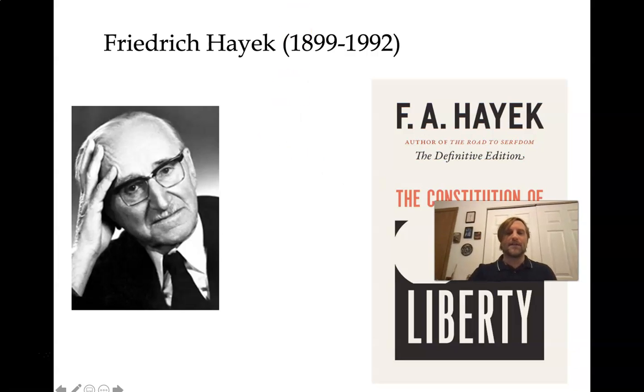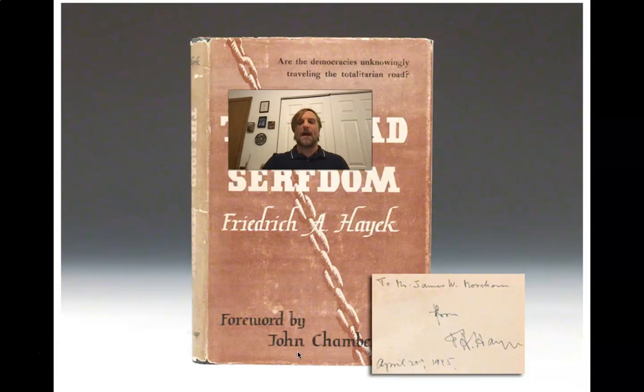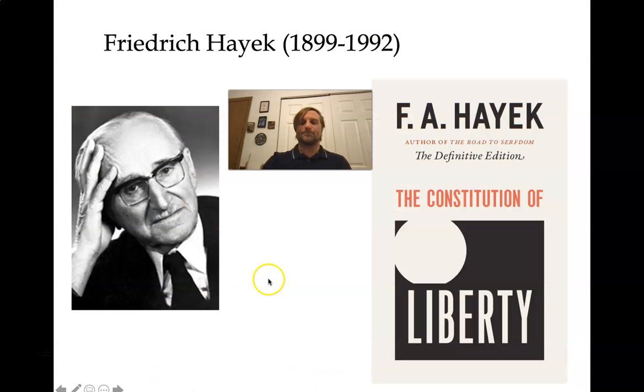Another key thinker of libertarianism is Friedrich Hayek. Hayek comes about with his famous book, The Constitution of Liberty. He lives through the First World War and the Second World War, and like many people is worried about the rise of fascism.